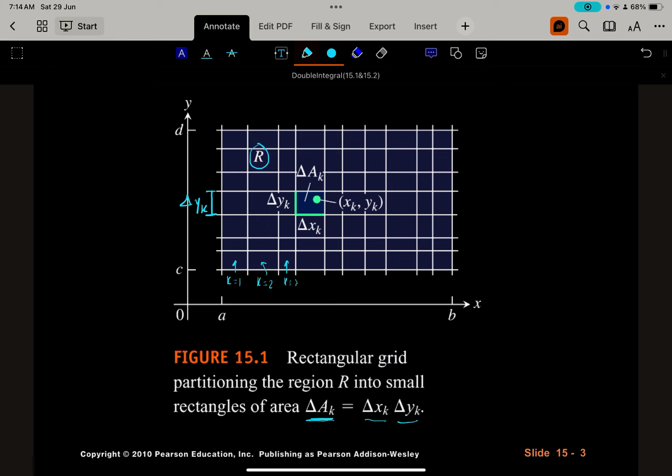So now k is any square, so say k here is the square in the middle, okay? And so the area is basically multiplying the change in y by the change in x for the square k. It's all about changing.